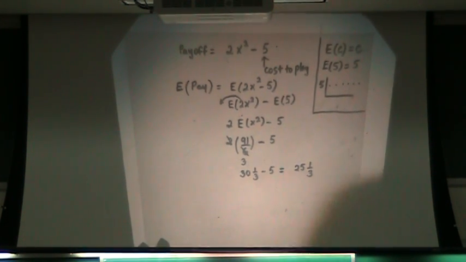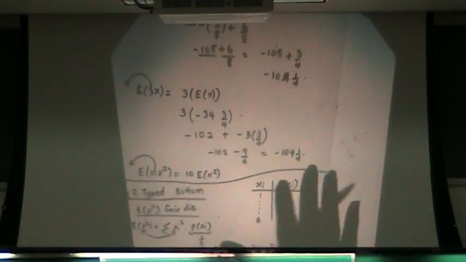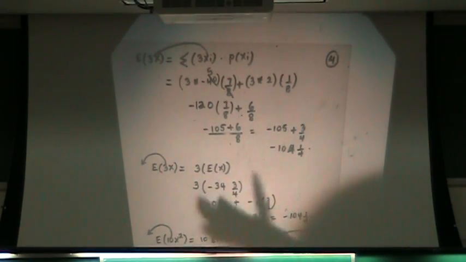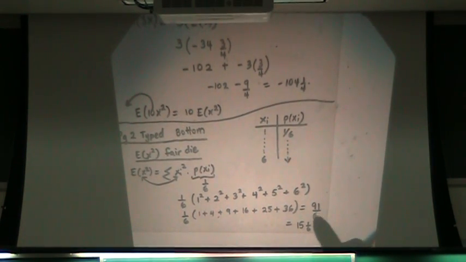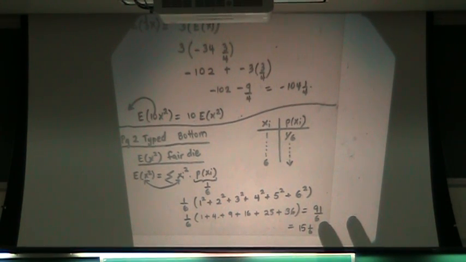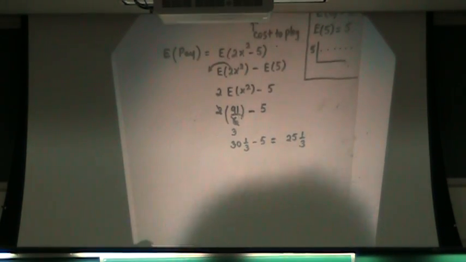I'm saying on the previous page, I had already found E of x squared equals 91 over 6. So I just went and used it. But what if that wasn't found already? How would you have had to do the problem? You would have had to do this.